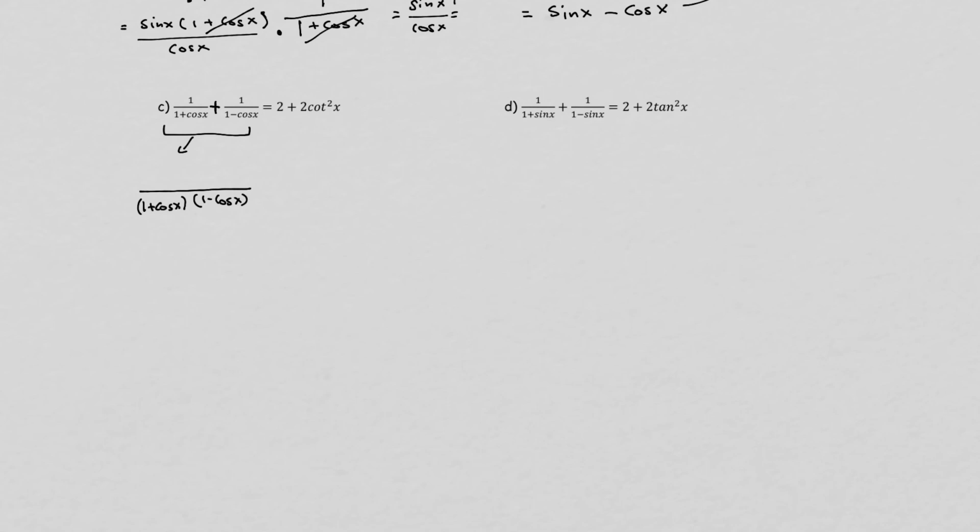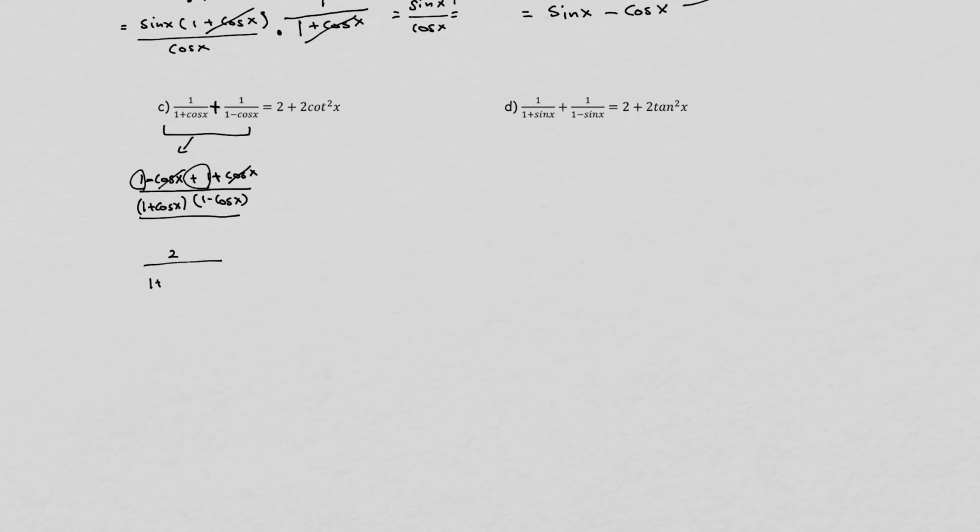It means the first fraction I need to multiply by 1 minus cosine x, and the second fraction numerator I need to multiply by 1 plus cosine x. And when you simplify that, these two cancel because 1 with the negative, 1 with the positive. 1 plus 1 is 2.